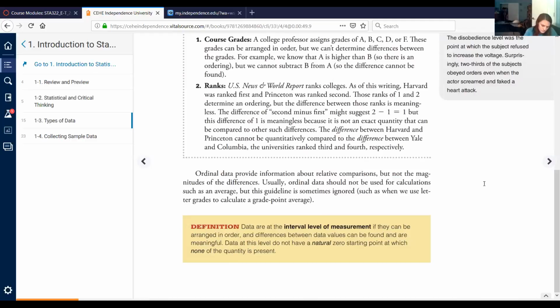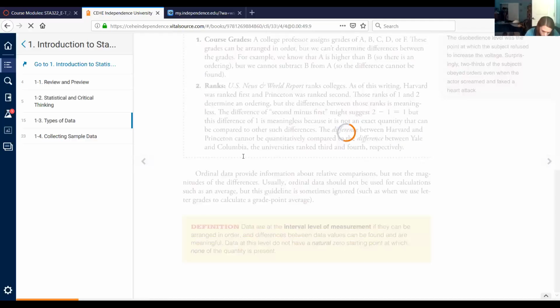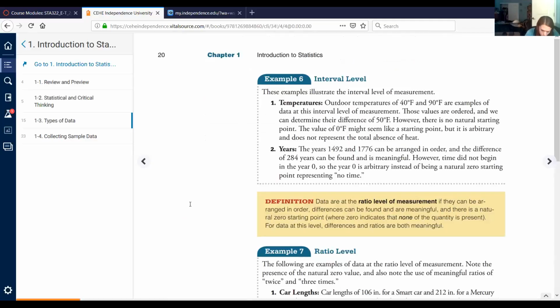Interval measurements are such that they can be arranged in order, and differences can be found between the values, but there's no natural zero starting point at which none is present. A good example of this, given on this page, is temperatures. We talk about the temperature being 40 degrees or 90. There's definitely a difference.